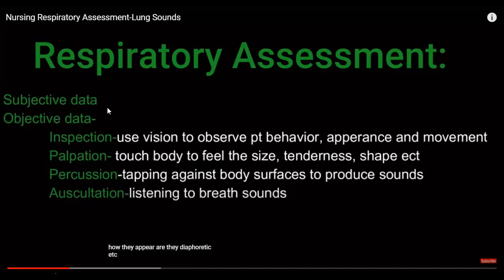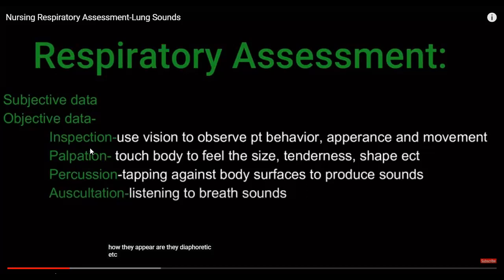So as I told you, step by step, the sequence of respiratory system examination is: we have to follow inspection first, then palpation, then percussion, finally auscultation. I want to recap.